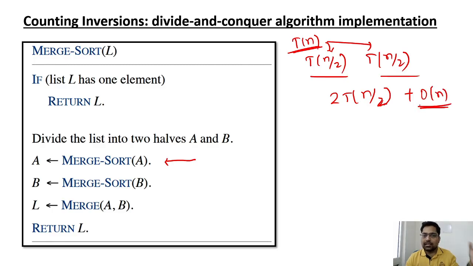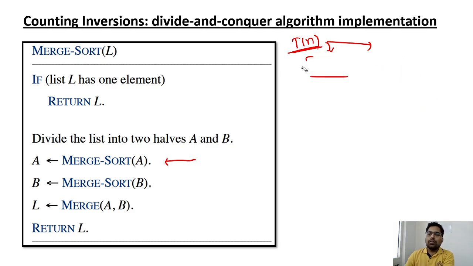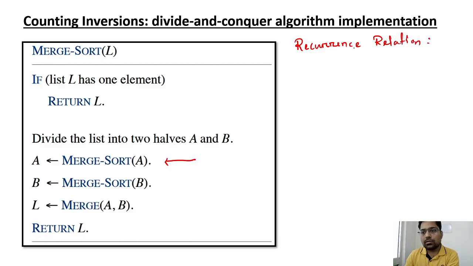Those who are new, kindly check the previous video where we discussed merge sort and how to find the time complexity. This is the recurrence relation of counting inversion. The recurrence relation can be written as T of n equal to 2T of n by 2 plus theta of n.